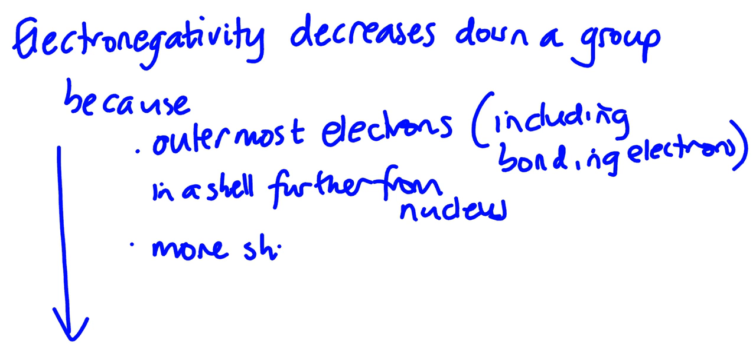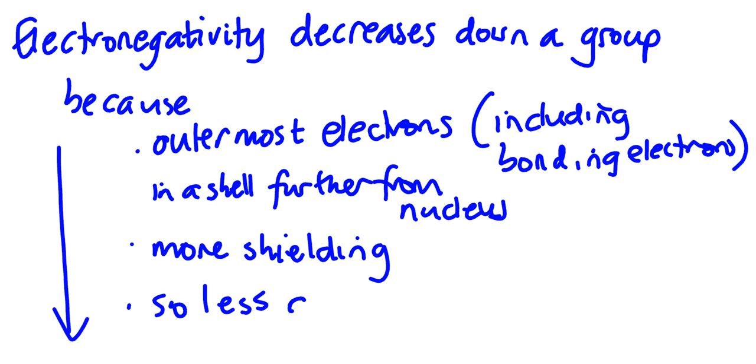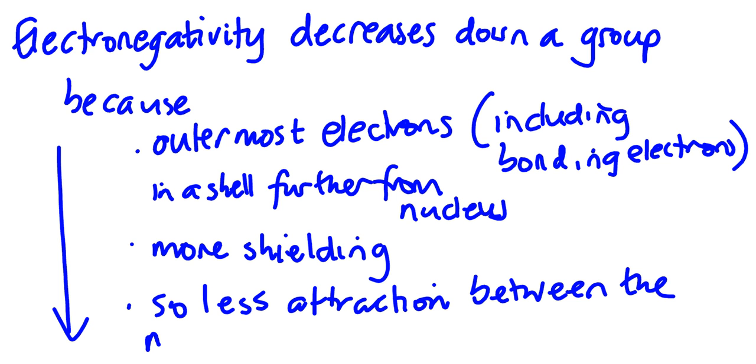There's more shielding. What's the last thing we need to say? It's the same argument that we had for ionization energy. What's the last thing we talk about going down a group? Outermost electrons are further from the nucleus. There's more shielding. So what? So less attraction between the nucleus and what? What is it that I'm interested in? And the bond pair.